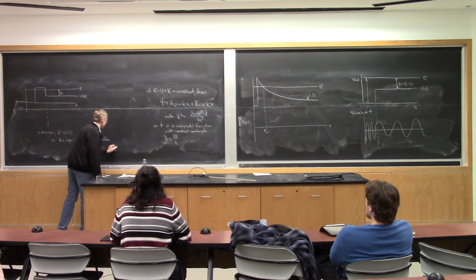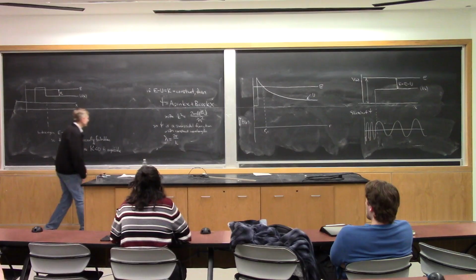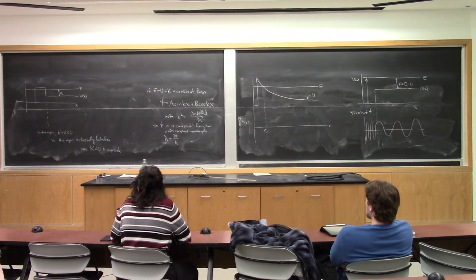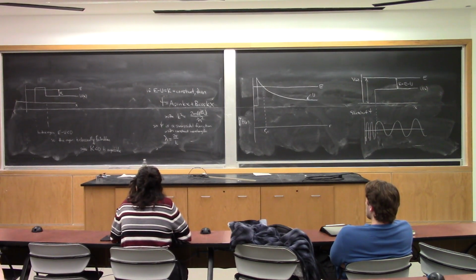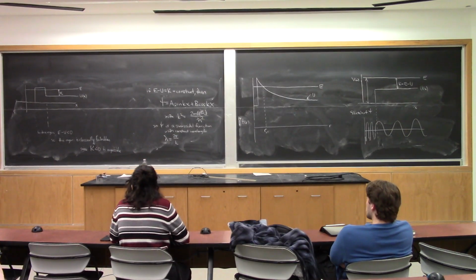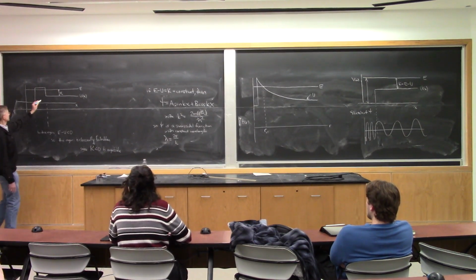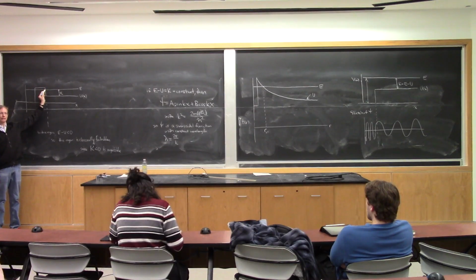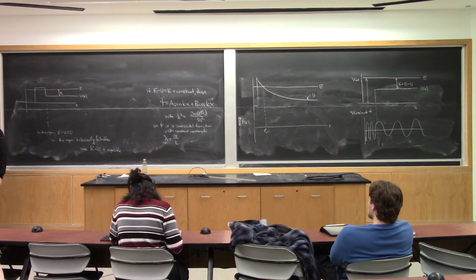One-half mv squared being less than 0 ain't a thing. You can't have an imaginary velocity. The velocity is a real number. So this region is classically forbidden. The particle could never get past this point. It would bounce backwards at that point. It's hit a wall, so to speak. And so it would just bounce backwards and head back out.